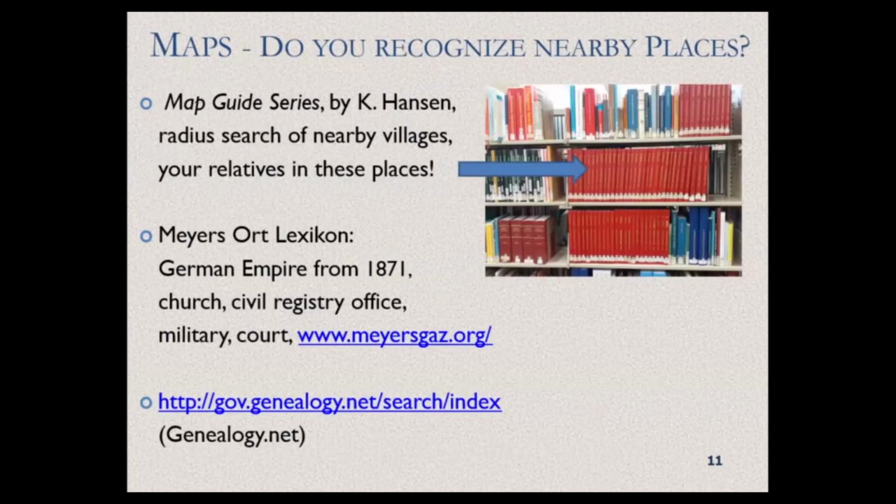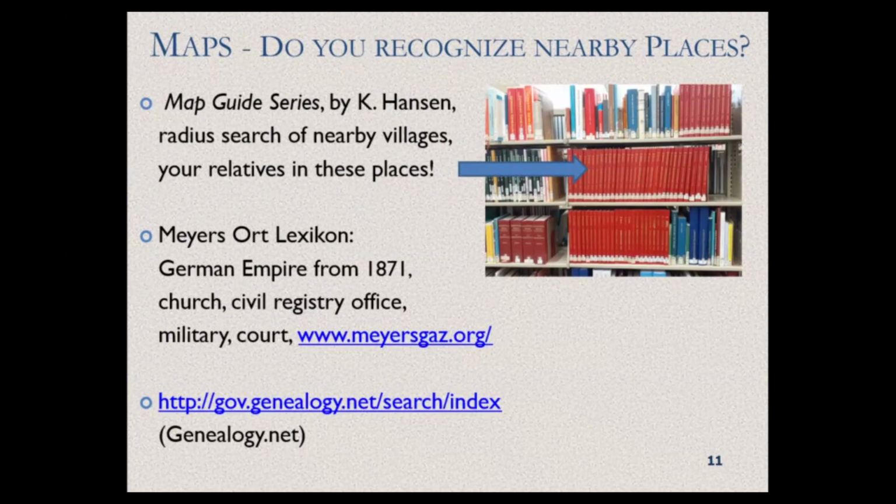So when many of you already know the places of origin, then you need to find it on the map, right? Because as I said, there might be more than one place with the same place name. So these red books we have upstairs will help you, because they will show you the radius of those neighboring villages.